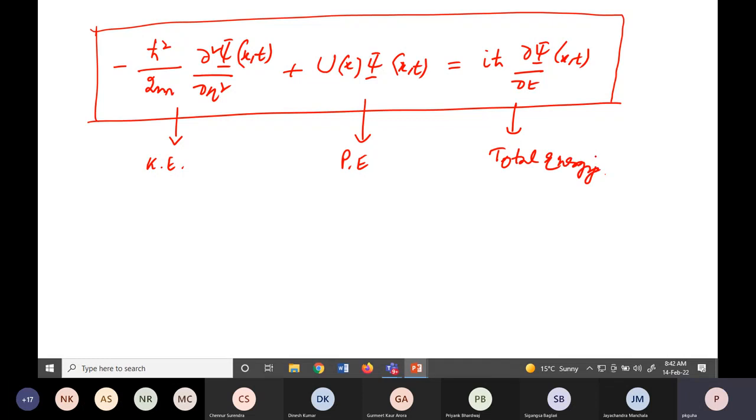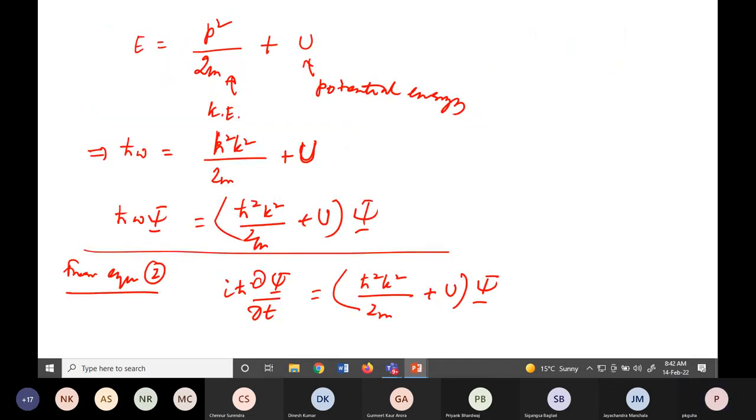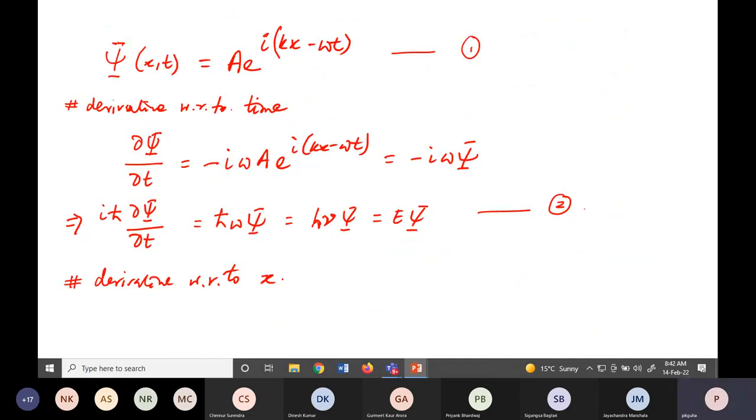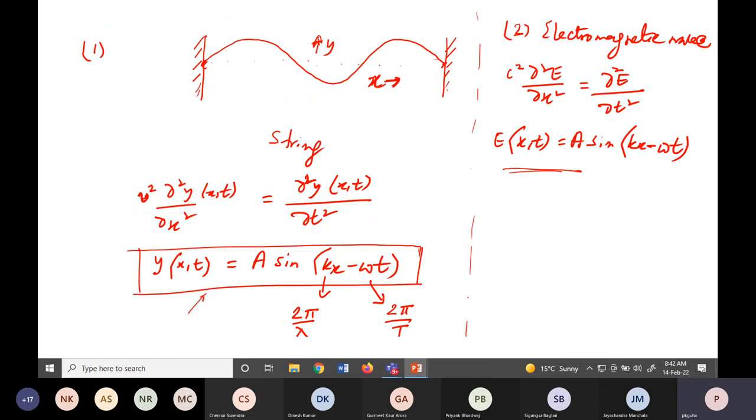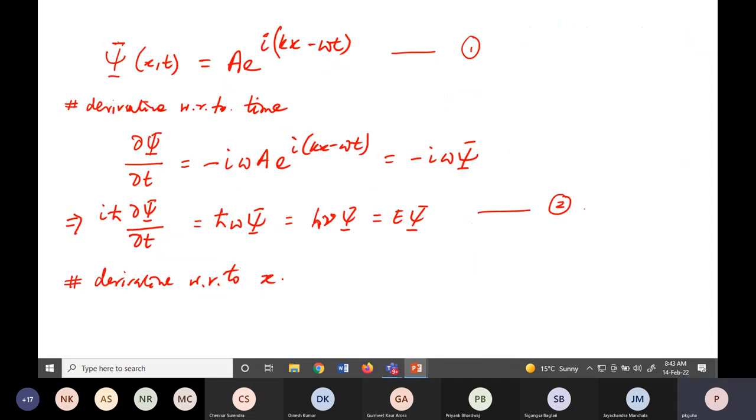So if I just go through once more whatever I have discussed just now. He looked at classical wave equations, right, the solution of classical wave equations. So he considered a similar wave equation.